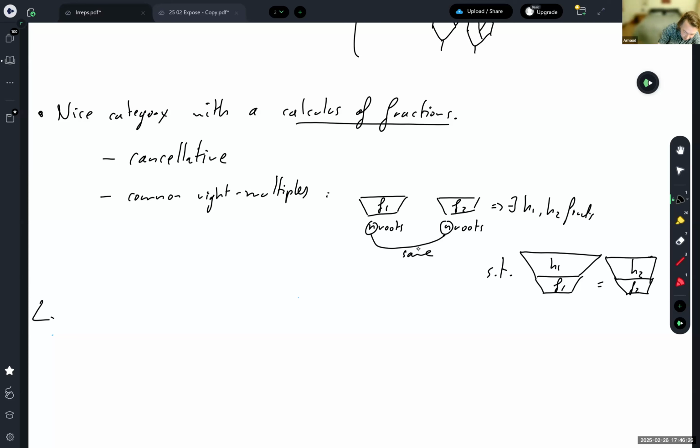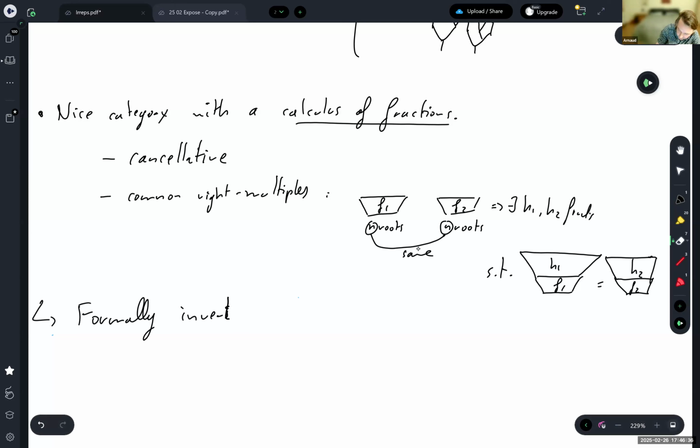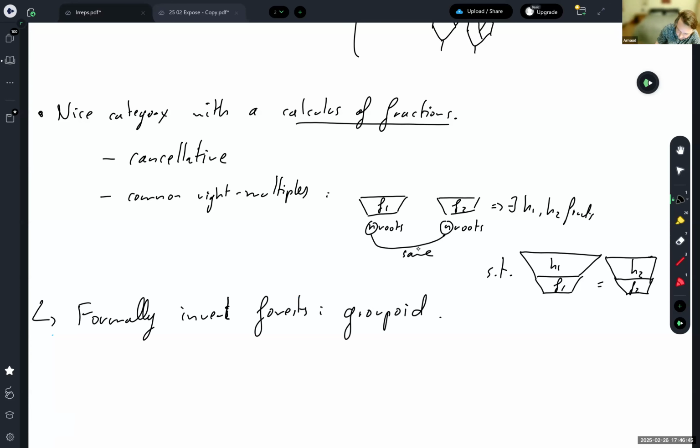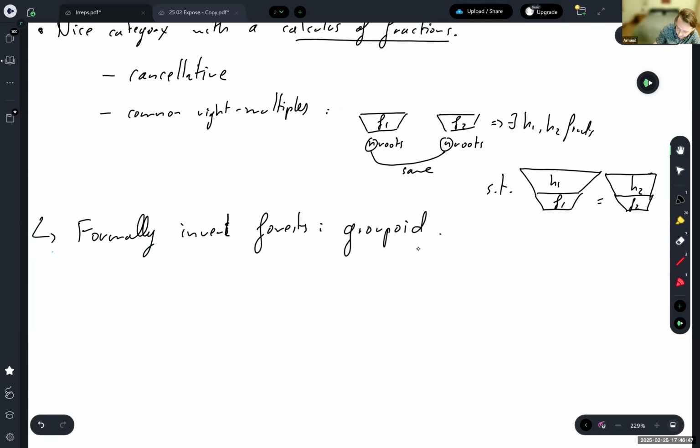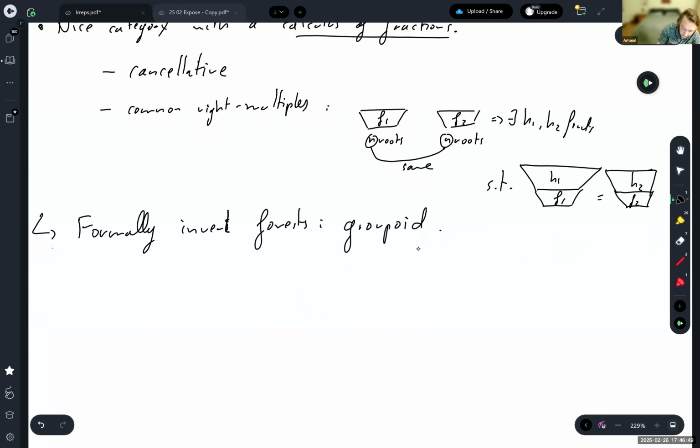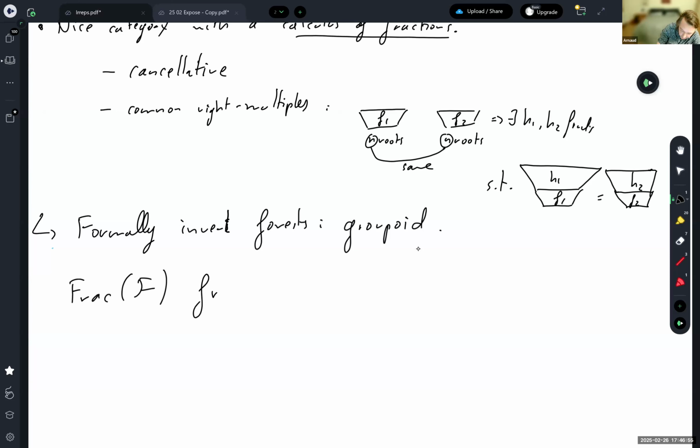So what does that give me? I can formally invert forests. And then I get a groupoid, usually called a fraction groupoid.